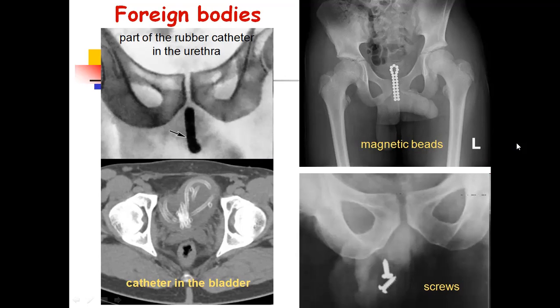They may be parts of medical instruments, for example, fragments of catheters in a man's urethra or in the urinary bladder, but also unusual findings may be found, such as strange objects in a man's urethra, for example, magnetic beads or even screws.